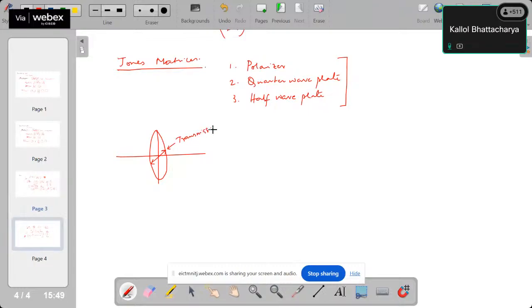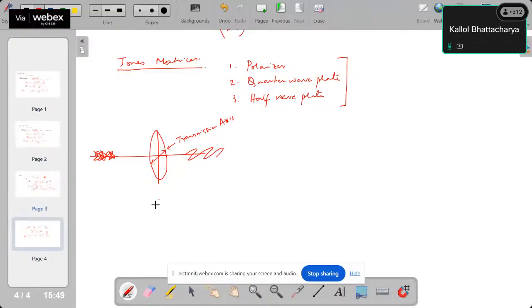So if this is the transmission axis, it means that if you have unpolarized light, now what is unpolarized light? Unpolarized light means light is oscillating in all possible directions. If you have unpolarized light incident on the polarizer, what will pass through this polarizer is simply along the transmission axis. So the output will simply be like this.